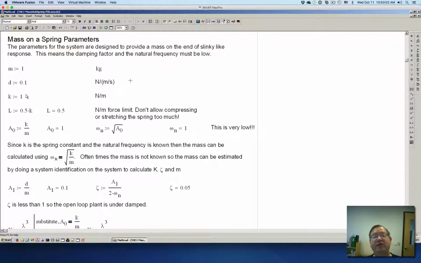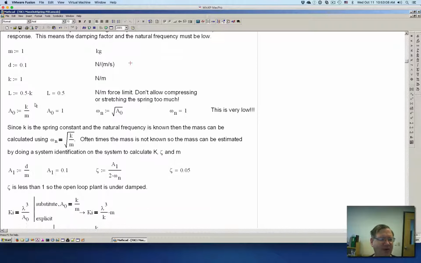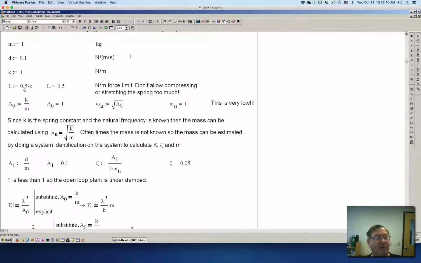What I want to do is simulate a spring slinky. But I ran into problems in my first iteration of this. I'll show you what they happen to be. In my original video, I had a force limit of 100 newtons, and that would require stretching the spring 100 meters. Well, that's not realistic.